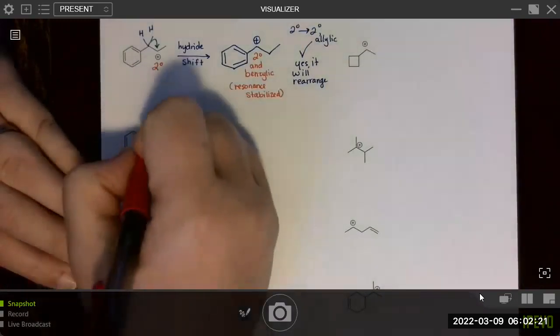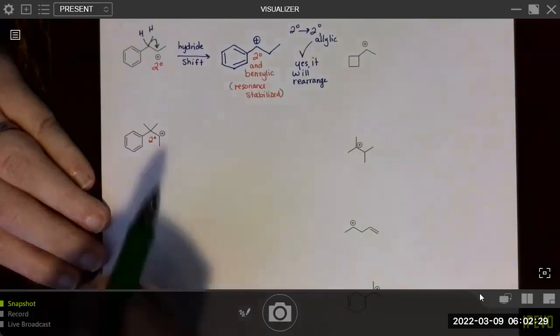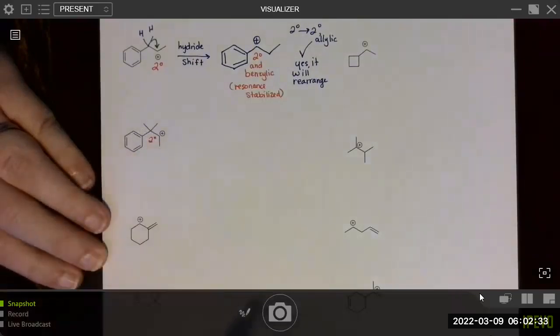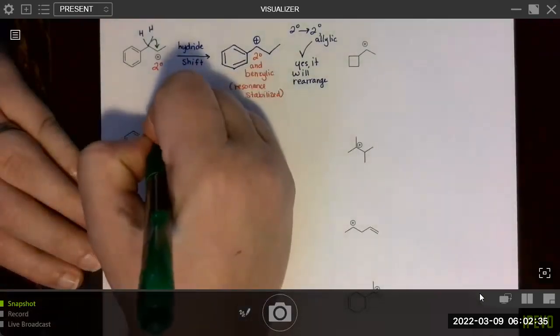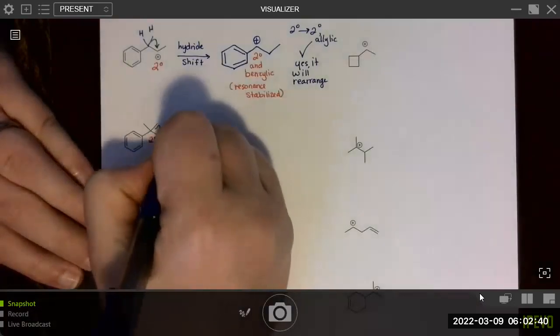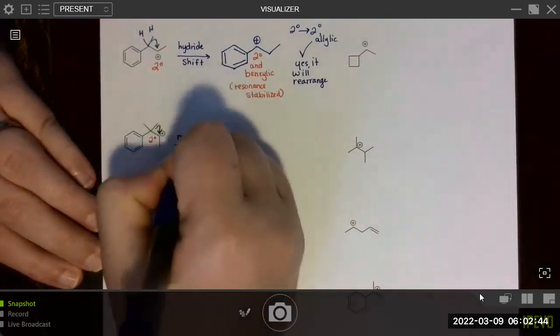So we have a secondary carbocation. And so let's think about how we might be able to get a shift going here. There aren't any hydrogens to potentially do a hydride shift. However, we could do a methide shift. This one is called a methide shift.